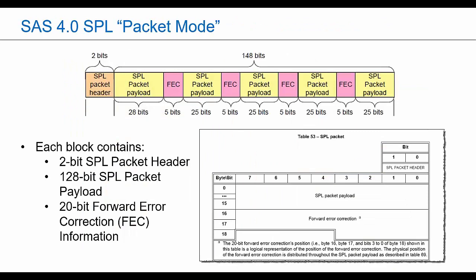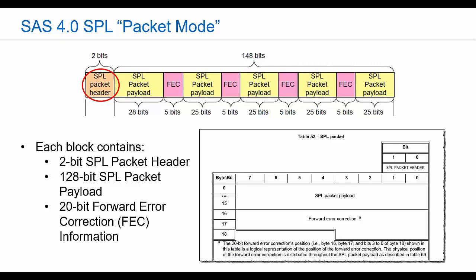And that header is really used to distinguish between segments that contain primitives or data, right? I found they use this term packet mode, and I found that a little confusing at first because it doesn't really correlate to an SSP packet at all. It's really just a chunk of data. It takes multiple SPL packets sent sequentially to make a logical SAS frame.